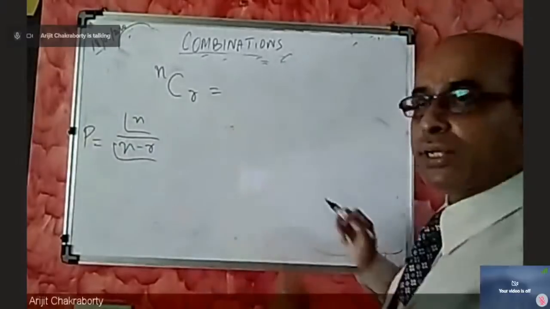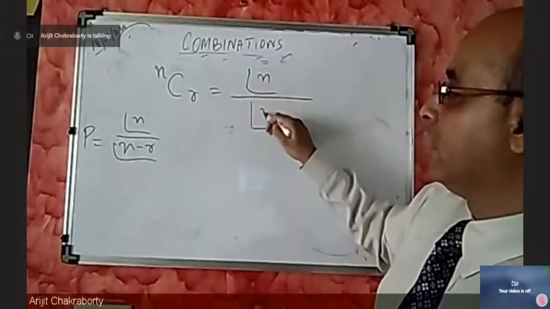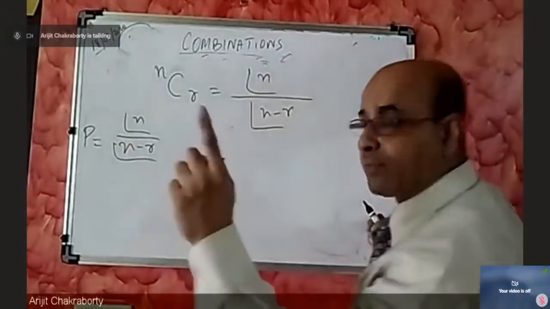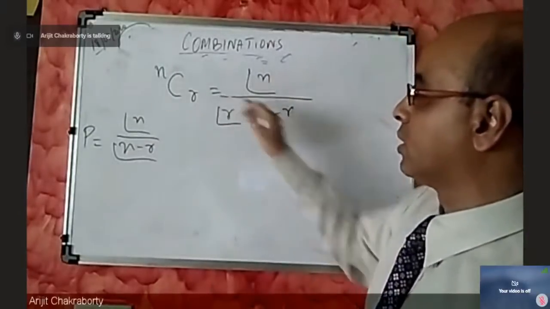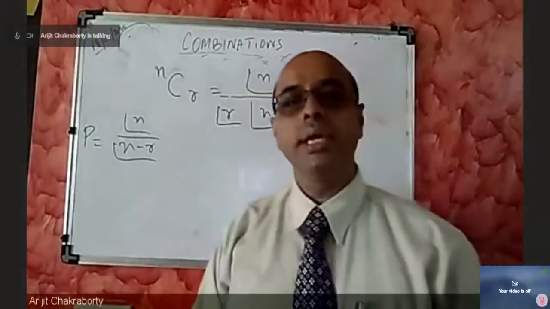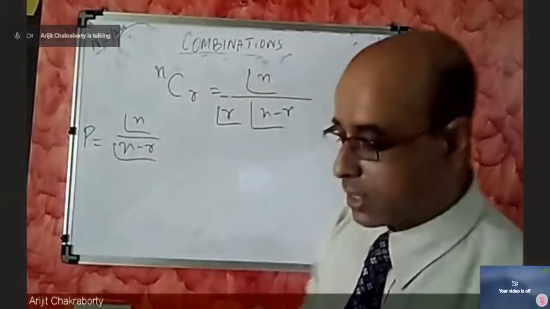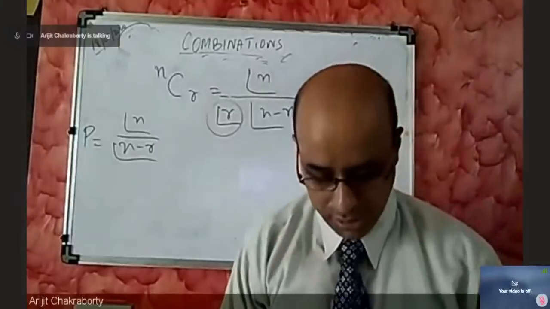In case of combination it is n factorial divided by n minus r factorial, same as permutation. The only difference is there is one more object here, and that is r factorial. R factorial will come in the denominator. So you can see it is almost the same except for this r, which is the basic difference.